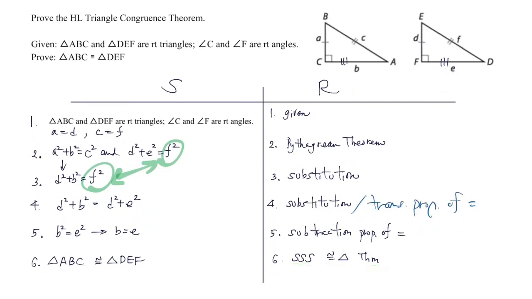hypotenuse leg congruent triangle theorem. Or you actually could have said side angle side, right? If it's a big if, in order for you to do that, you need an additional step, maybe somewhere over here.